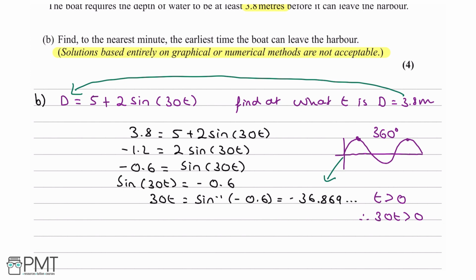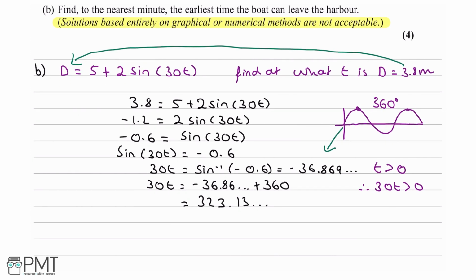So what we're going to say is 30t equals minus 36.86, etc., plus 360, which equals, if I put it into my calculator, 323.13, etc. If we solve for t, this means t equals 323.13, etc. over 30, which equals, so we do this divided by 30, and you would get 10.77 hours.